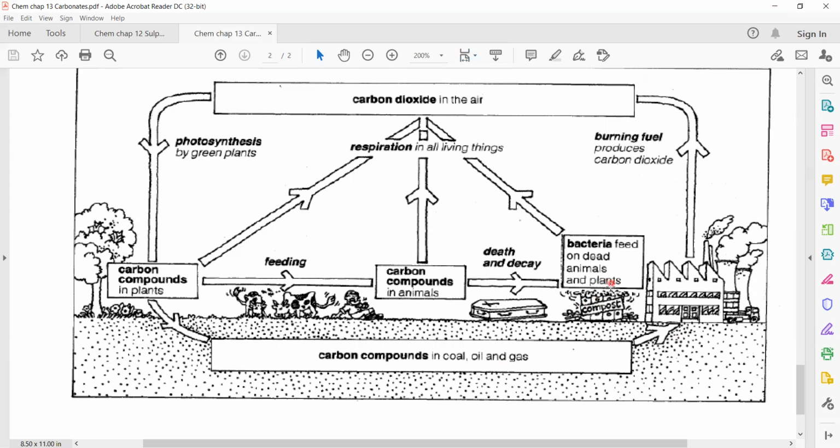And there are bacteria which are feeding on the dead animal or the plant. They are also converting this back to carbon dioxide. And if plants are eaten by animals, and when they start to decay, it also releases carbon dioxide. The respiration also from animals releases carbon dioxide.